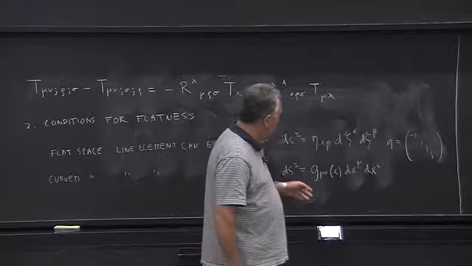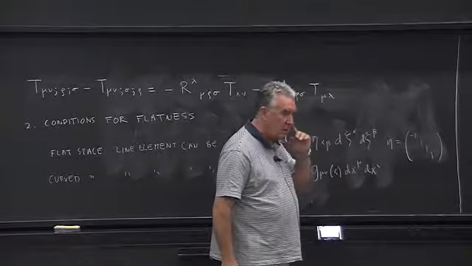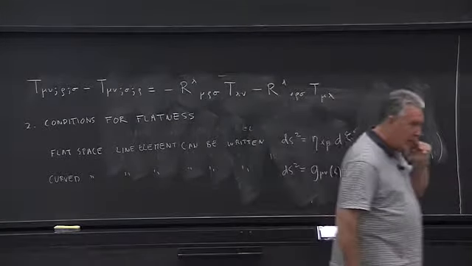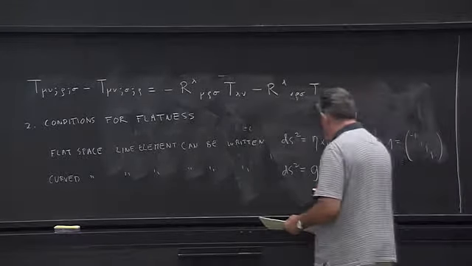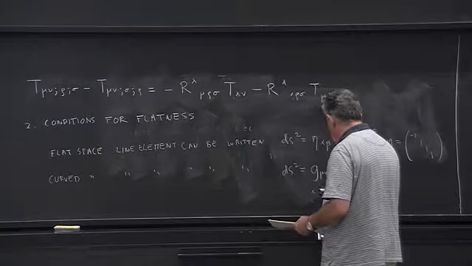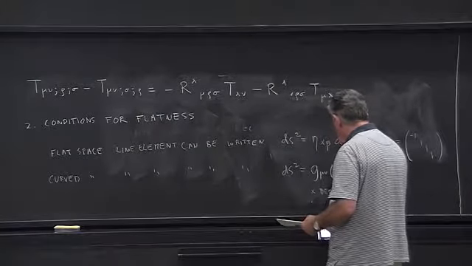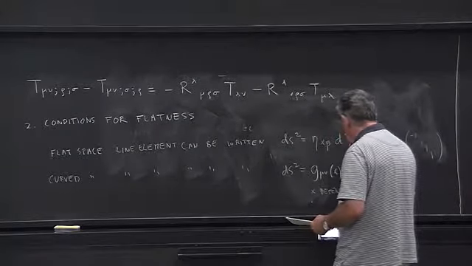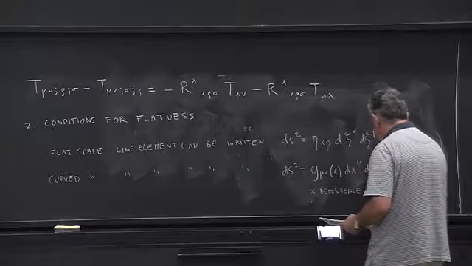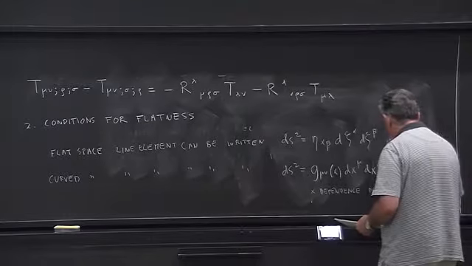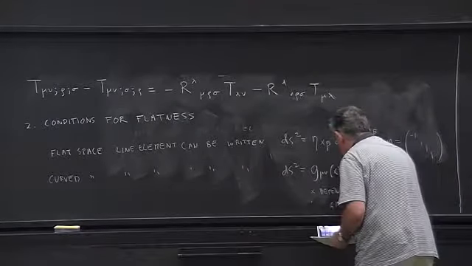Because I could get an x-dependent g mu nu by going to a different coordinate system, even in flat space. So x-dependence does not guarantee curved space.